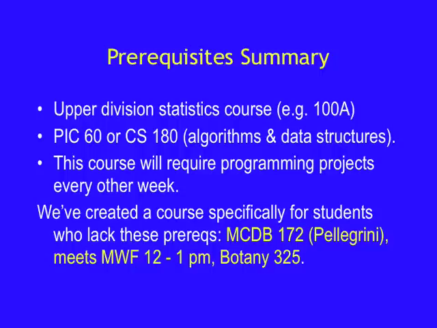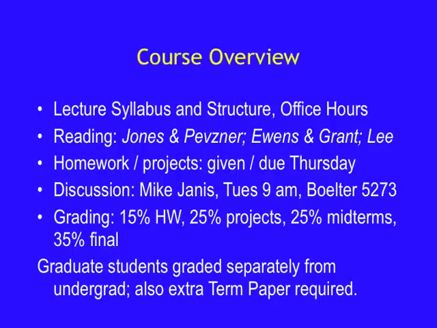So we have a website which I'll mention to you in a moment that gives all the course syllabus and other information is already posted. But I'll start right away by telling you about the two textbooks that we're using for this course. I apologize for the fact that there are two textbooks.